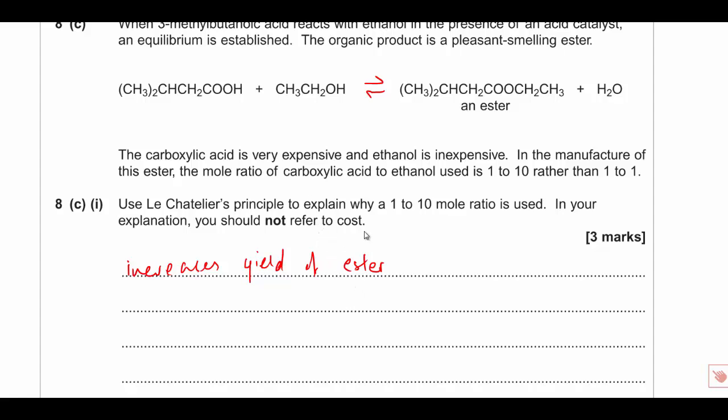So what it's going to do is, by having this massive excess of this, Le Chatelier's principle is going to say, right, well, we need to remove this, so we're going to favour the forward reaction. We're going to shift the position of equilibrium to the right in order to remove this, therefore producing more ester. So it's quite a clever use.